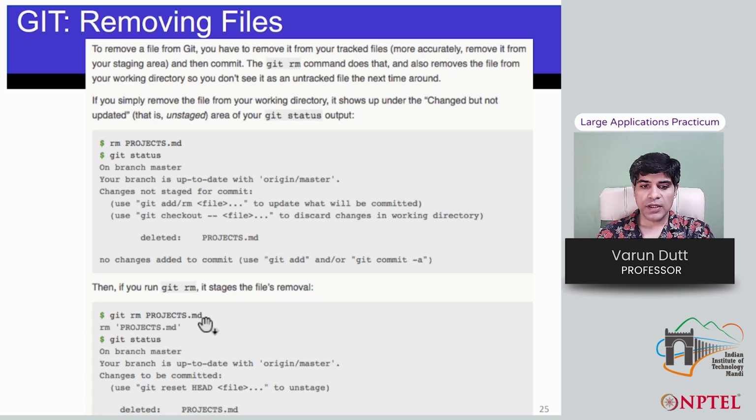If we run the git status command, it says changes to be committed, and this file has been deleted and is ready to be committed to the repository, that is, removing it from the staging area and also committing it.